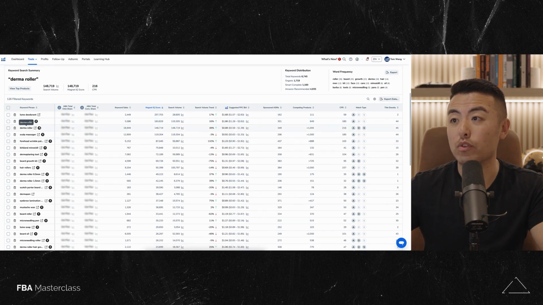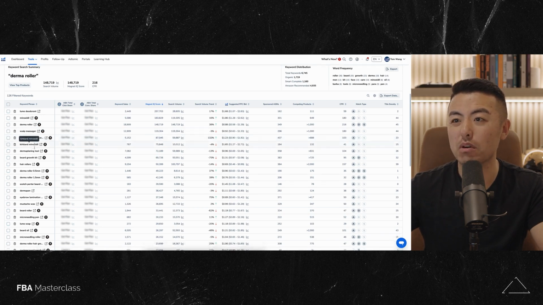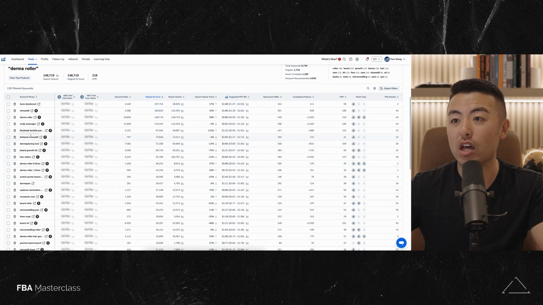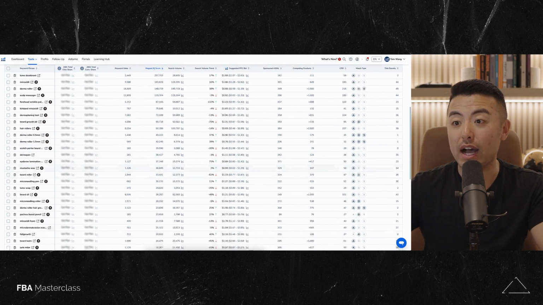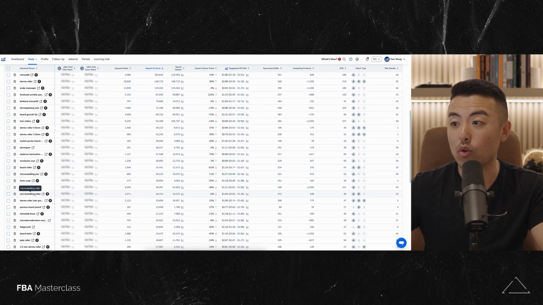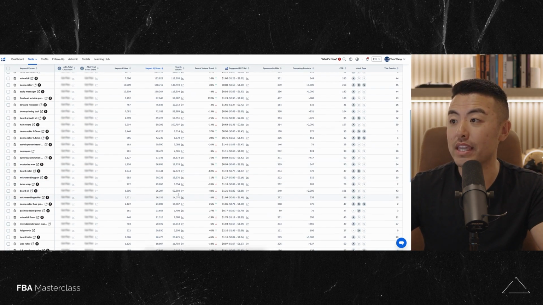But derma roller, of course, this is the keyword we're looking for. Forehead wrinkle patches, not too applicable. But you can see there's a lot of other keywords here that are very applicable. Beard growth kit, hair rollers, derma roller 0.5, derma roller 1.5 millimeter, 0.5 millimeter. You can see some micro needle roller.